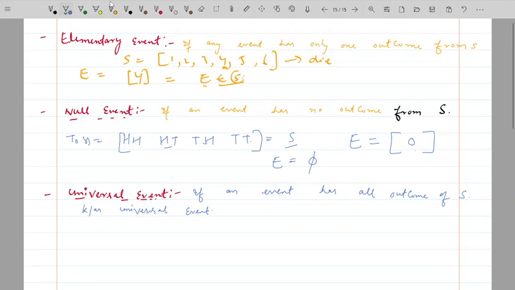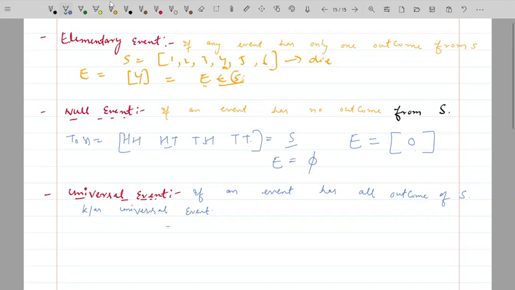And universal event: suppose an event has all the possible outcomes of S, you are getting all of them, that is called a universal event.